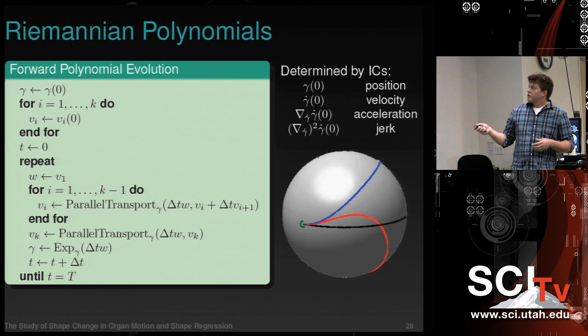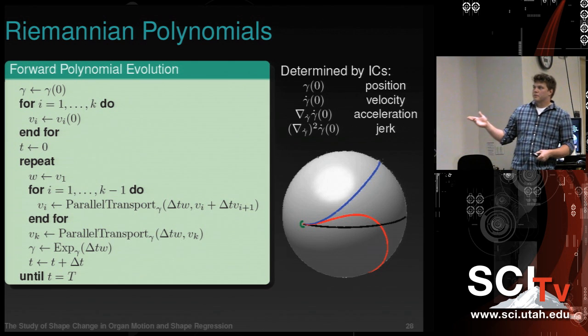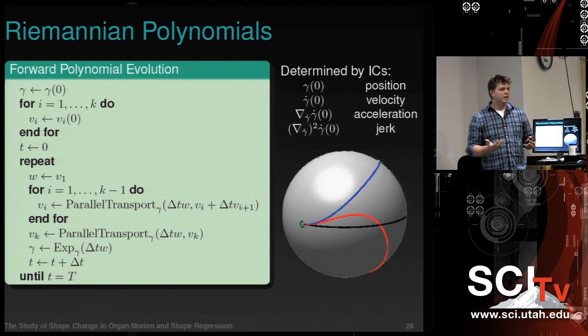And you're seeing that quadratic curve in blue, and then the geodesic in black. So you see that these look really similar to the Euclidean counterparts, but it's important to note that we didn't just take a Euclidean polynomial curve and then wrap it onto the sphere somehow. We actually defined this intrinsically on the surface and then integrated it on the surface.